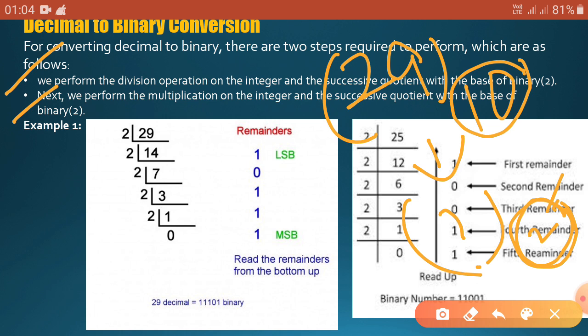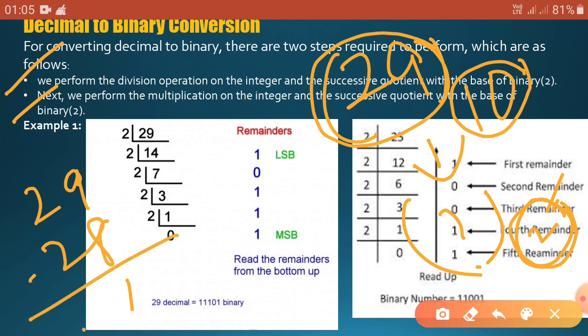So here we have to divide the number 29 by 2. 2 into 14 is 28, so 1 is remaining.